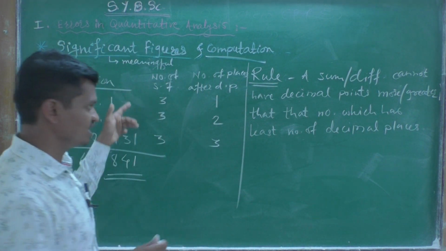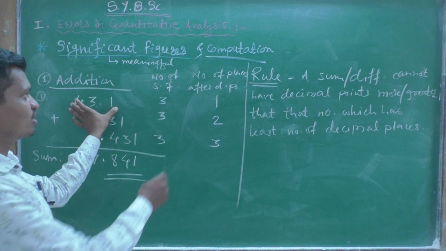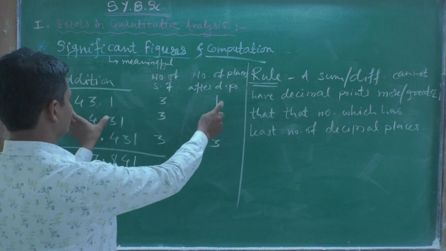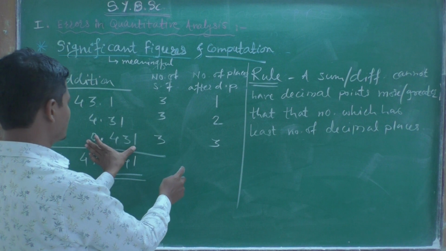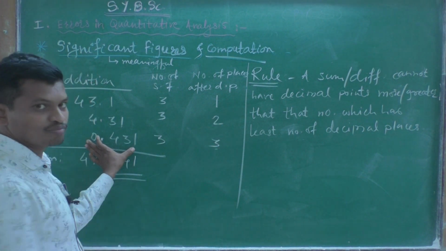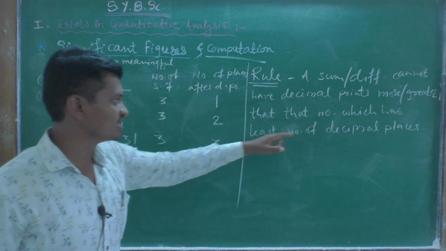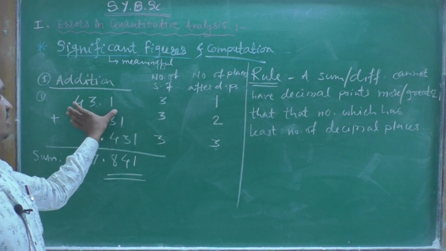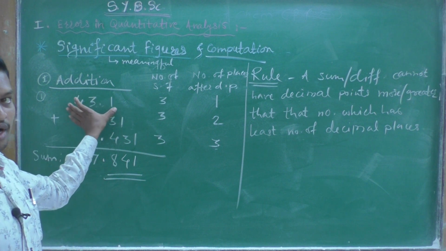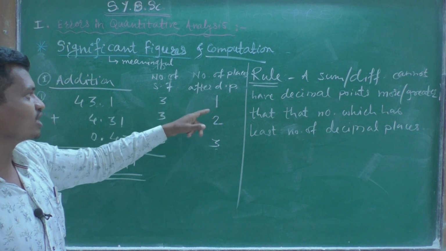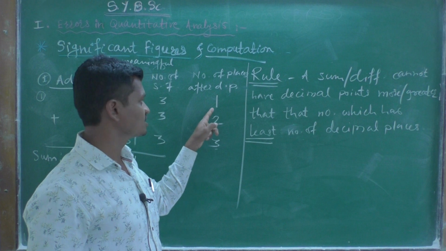So we have 3 numbers here. Explanation of this rule: for this number the number of places after the decimal point is 1, for this number it is 2, and for this number it is 3. According to this rule, the number with the least number of decimal places is 43.1. In 43.1 the number of places after the decimal point is least, the minimum, it is 1.